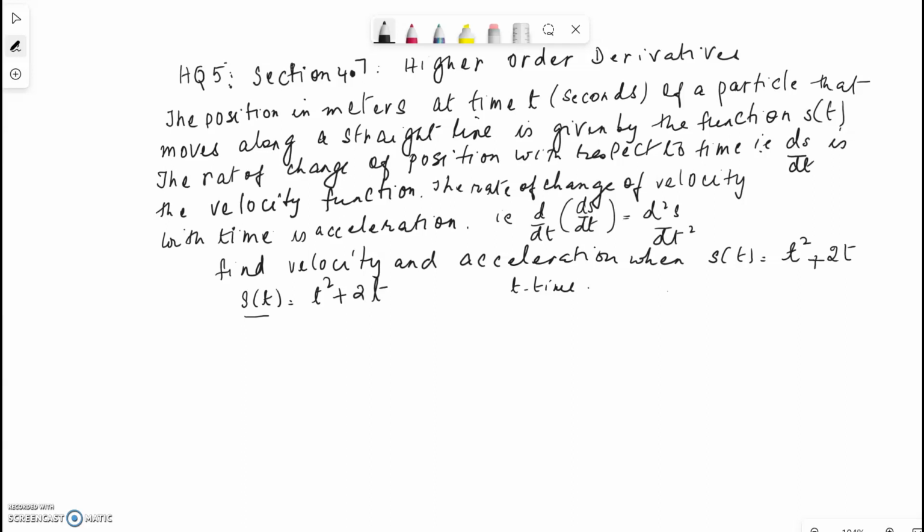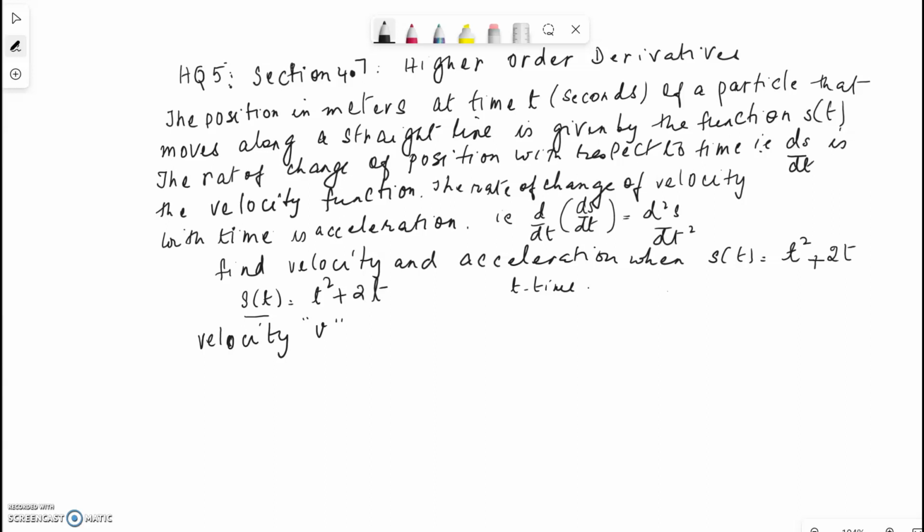Okay, so velocity v is defined as the rate of change of position with time.